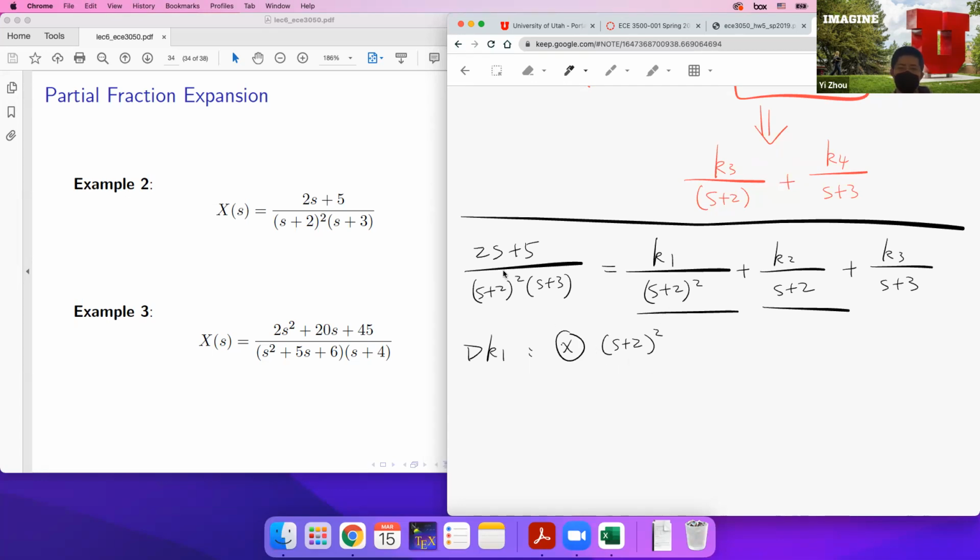And once you do that, the left-hand side becomes this one, and the right-hand side is k1 plus k2(s+2) plus k3(s+2)^2/(s+3), right? And then you evaluate both sides.